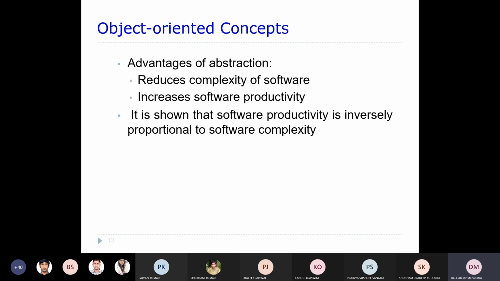We can easily understand the complexity of a problem through different levels of abstraction. That is what we have seen in the case of modularity in software design.